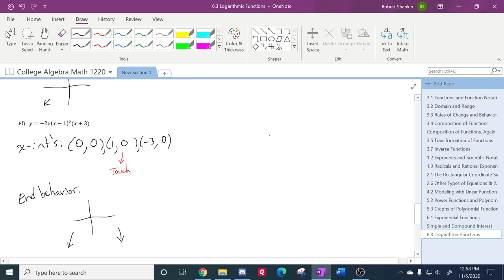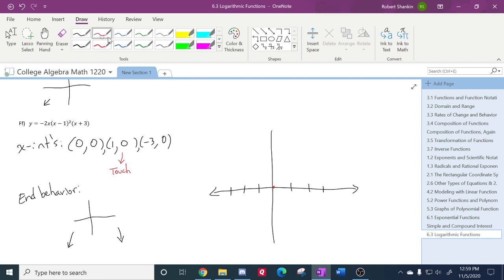So we're going to put that together over here. Let's make our scale at 0 and 1 and negative 3. And then it's down.